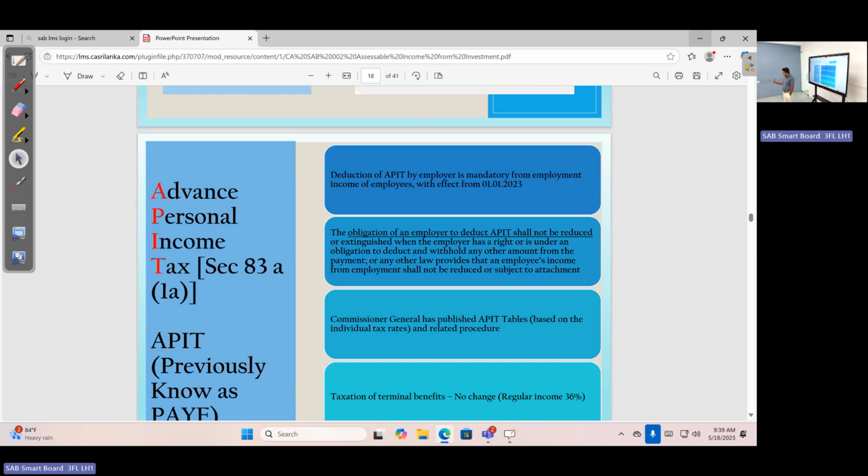So you use the table, and your aggregate monthly tax liability and the annual tax liability are the same. Apply the APIT table. The maximum rate applied is 36%.